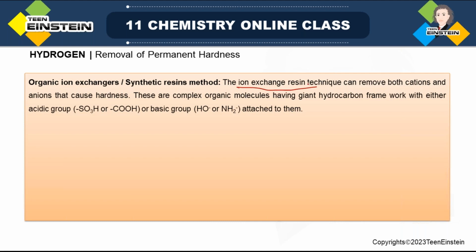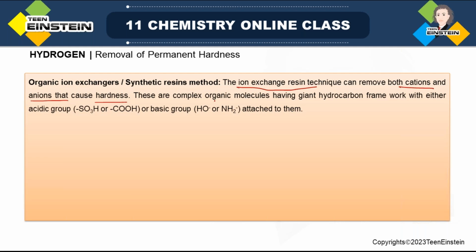Because in the previous case, you are removing only cations, but it can remove both cations as well as anions that are responsible for hardness. You can have a problem asking which ion exchange can remove both the cation and anion, then the answer is this one.